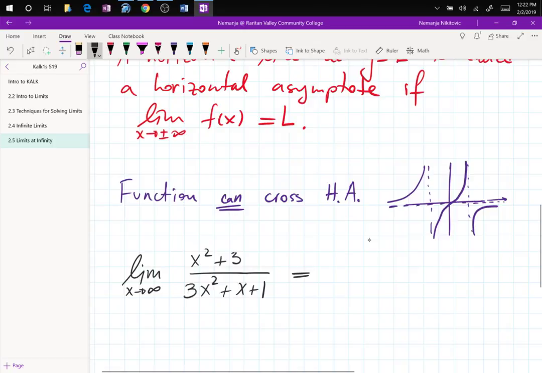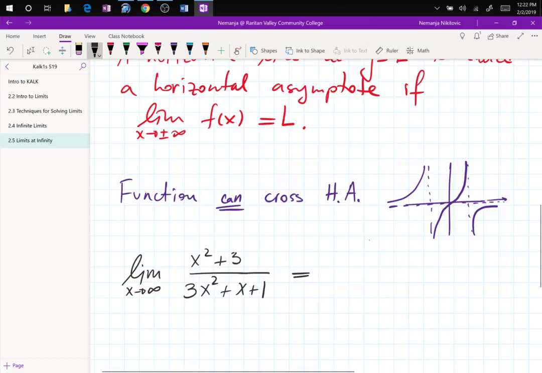So we are stuck with a limit, and we have to solve this limit. Now I need you to mark this because this is going to be your procedure. The way to find the limit as x goes to infinity when you have a polynomial divided by a polynomial is to divide by the x with the highest exponent.